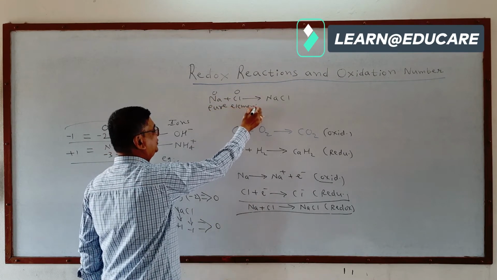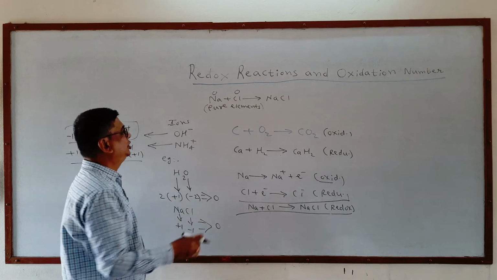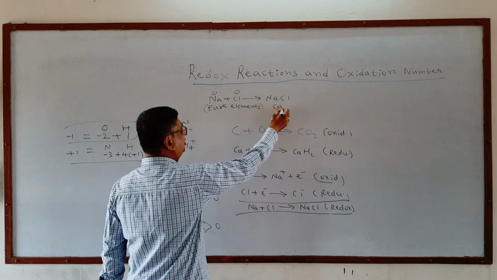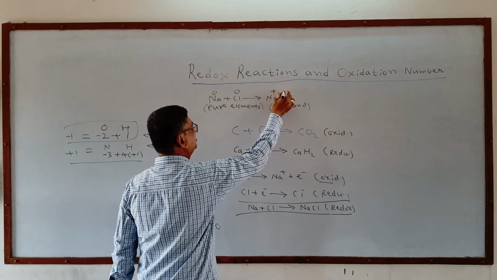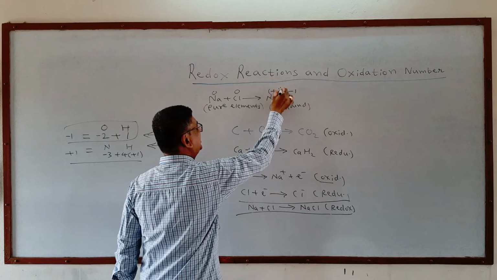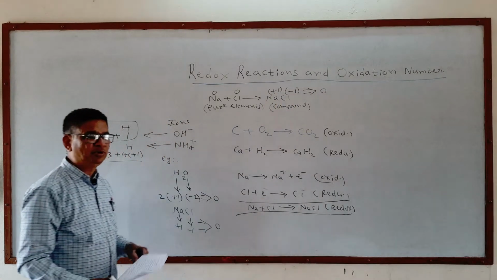Pure elements have oxidation number 0 in their atomic state or molecular state. But now in compound form, NaCl, sodium has oxidation number +1 and chlorine has -1. But can you see their sum is 0? That is important to know.